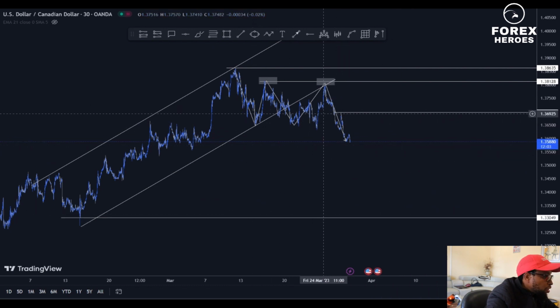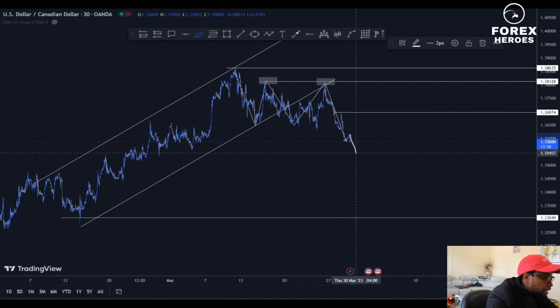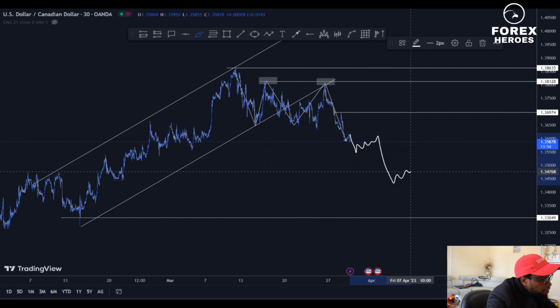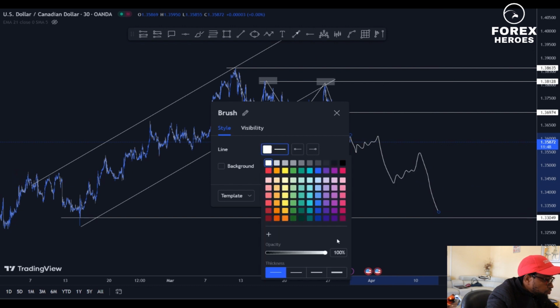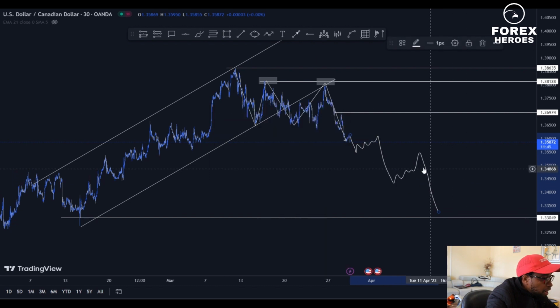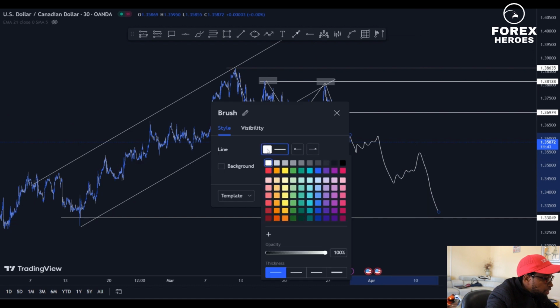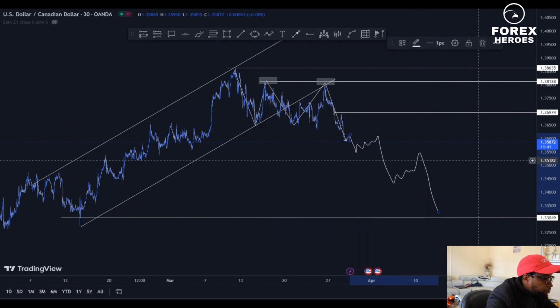So you need to understand what is happening here. The moves that I'm expecting to happen around this area will be something like this, and something like this. Understand? This is something that I'll be expecting to happen around this point.